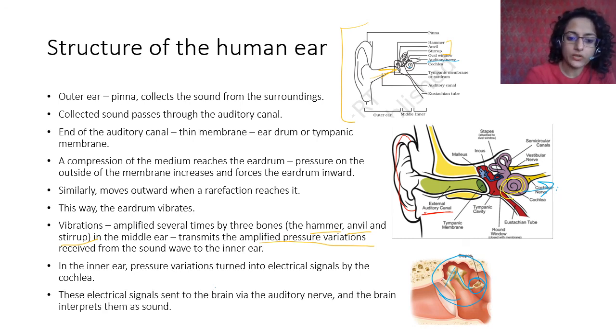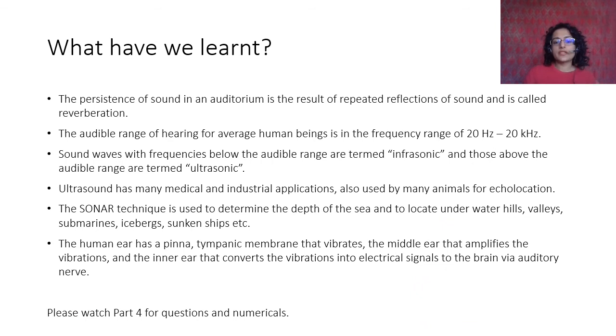Sent to the brain via the auditory nerve, and the brain interprets them as sound. So this is what we have learned in this chapter. The persistence of sound in an auditorium, which we did in the previous part, is the result of repeated reflections of sound and is called reverberation. The audible range of hearing for average human beings is 20 hertz to 20 kilohertz, or 20,000 hertz.